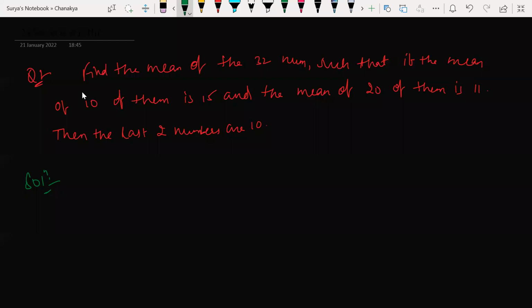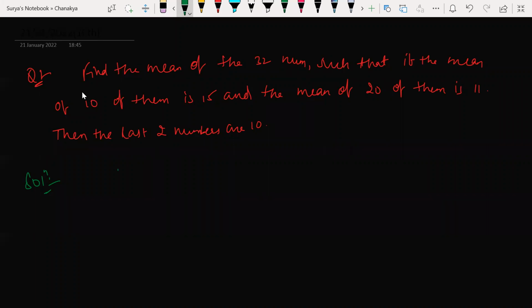Yes, how did you find out? Sir, 20 of them would be 11, then the next 10, so 30 would be, so I basically took 15, 11, and 10, and then divided by 3. Exactly. Look at it here.